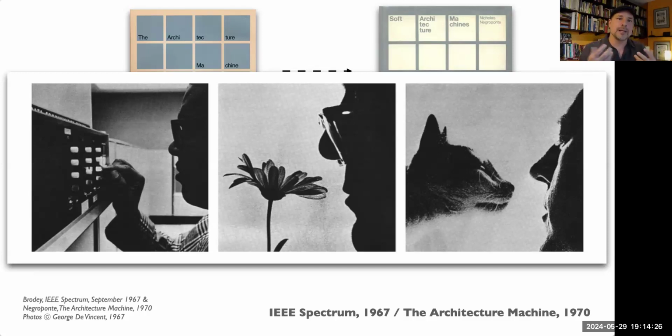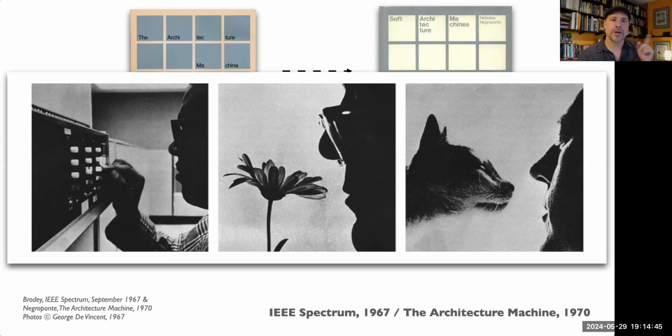What would it mean to integrate technology in a way that actually made it more able to work with our humanity? I think the subtitle of The Architecture Machine, that first book by Negroponte, was actually Toward a More Human Environment. So when I looked at these pictures, I thought, wow, that's great.